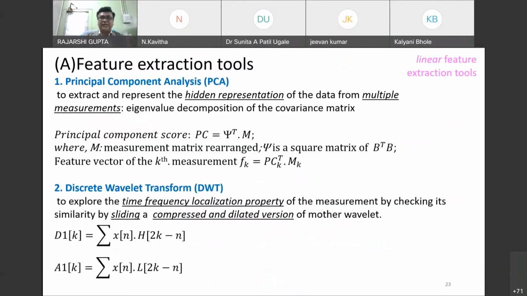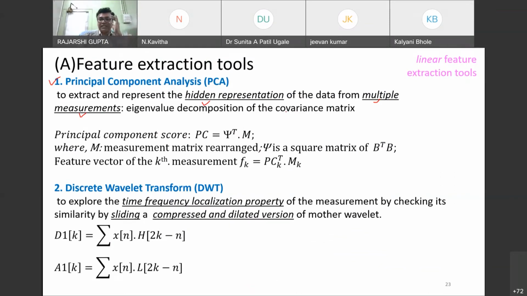So I will quickly go through some basics of these feature extraction tools. The most common linear feature extraction tool is principal component analysis. Principal component analysis is based on extracting the hidden representation of the signal from multiple measurements. So when we apply PCA, we need to have multiple measurements.